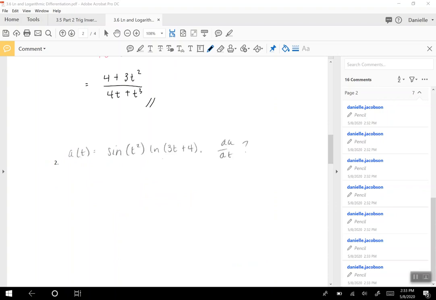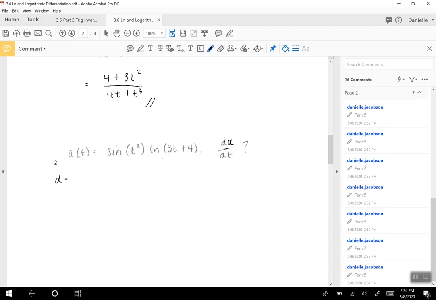Let's move along to the next example. I'm going to consider the function A of t is equivalent to sine of t squared times ln of 3t plus 4. I'm going to do this in Leibniz notation just because it started in Leibniz notation, but prime notation is fine too. Since I have the multiplication here, I'm going to spell out the product rule first.